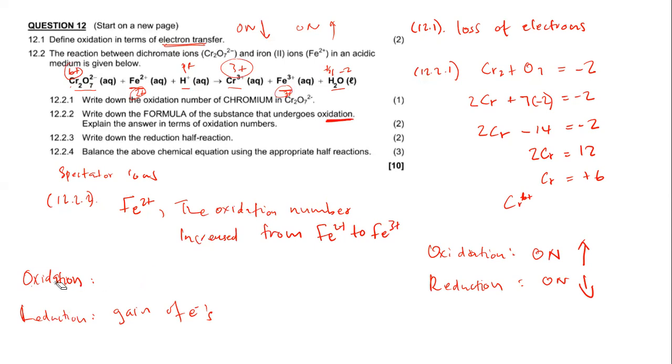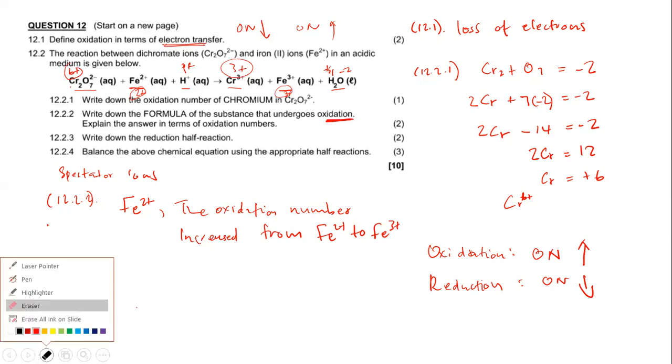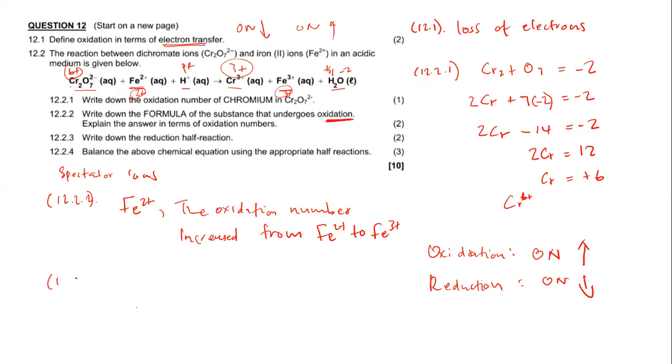Now, we move to question number 12.2.3. It says to us, write down the reduction half reaction. So we want the one that undergoes reduction.